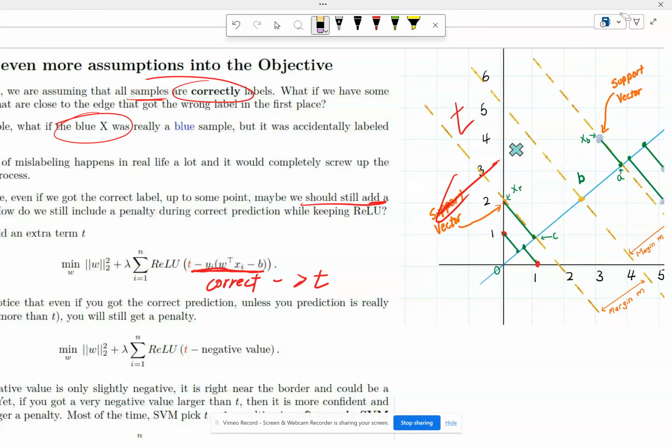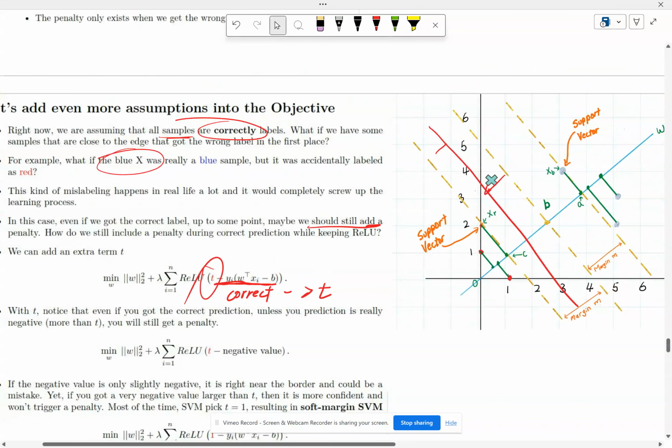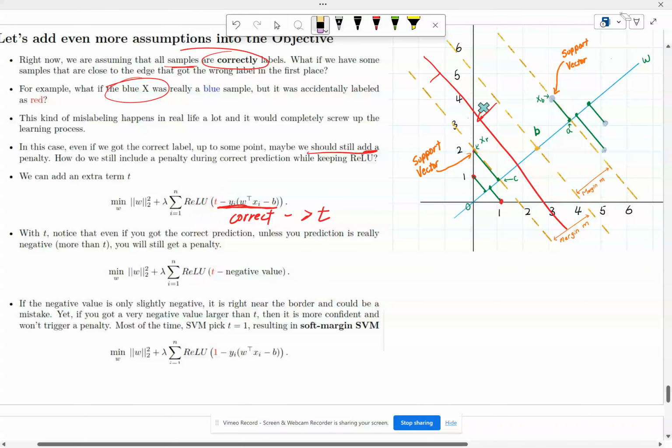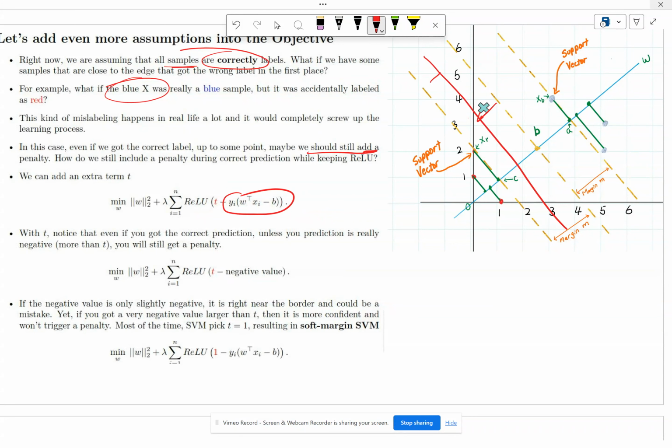In the second case, it completely ignores if you get it right. In the third case, it's going to only ignore it after some point, t. Notice what I'm trying to say is that you got to be not just a little correct. You got to be correct enough beyond t.